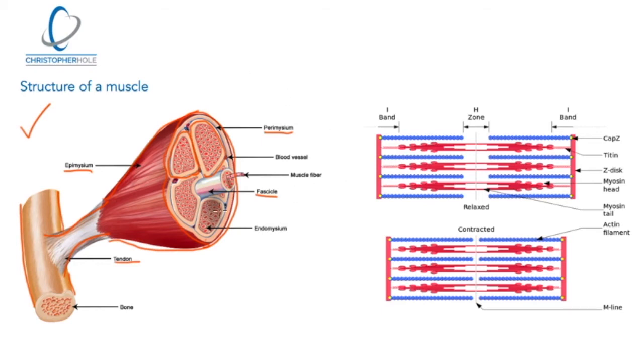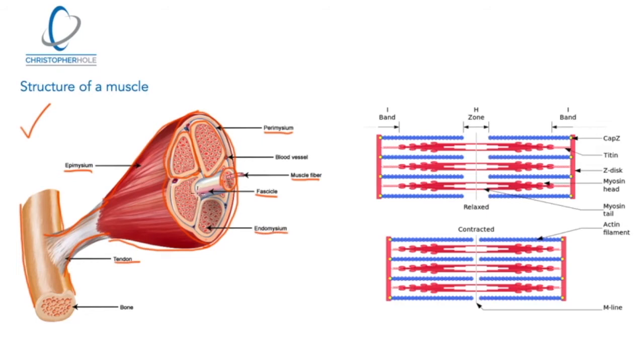We can then break it down again into another bundle. What we've got here is that the fascicle or fasciculi is made up of muscle fibers, and these are surrounded by endomysium.